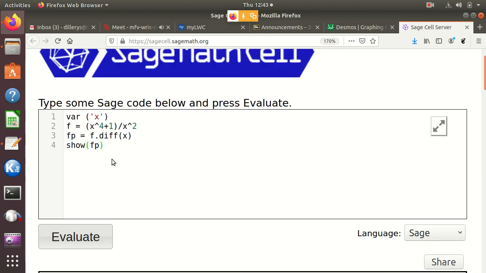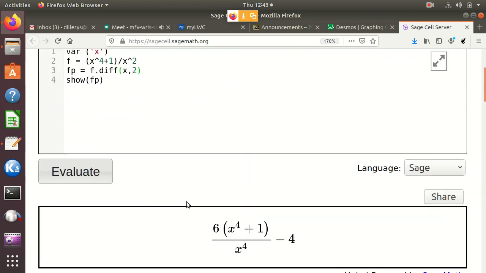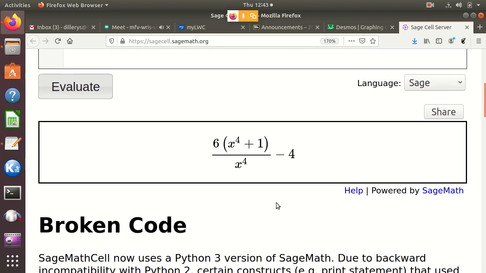So we could do that. And if I need more derivatives, like the second derivative, third derivative, all I have to do is put a comma and tell it, oh, I want the second derivative. And it's that simple. I say evaluate, and I get that.